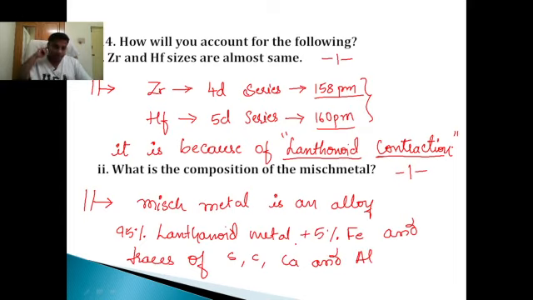Mish metal is an alloy. Its composition is 95% any lanthanide metal, 5% iron, and traces of sulfur, carbon, calcium and aluminium. Hope you have understood. That's good. 15th question.